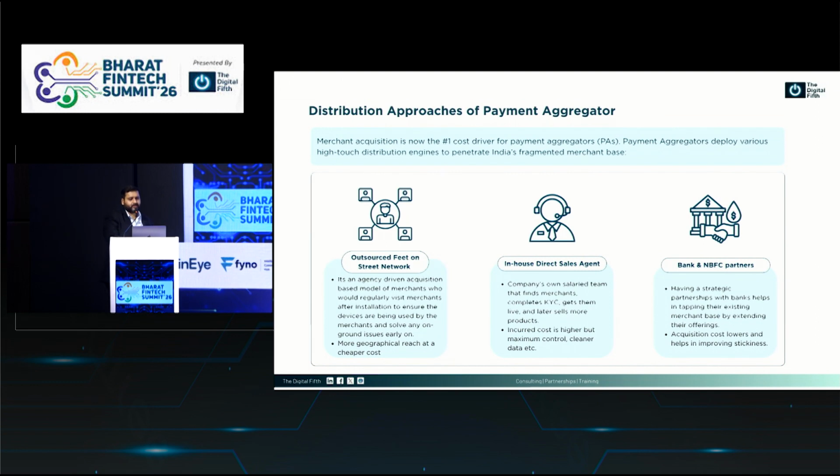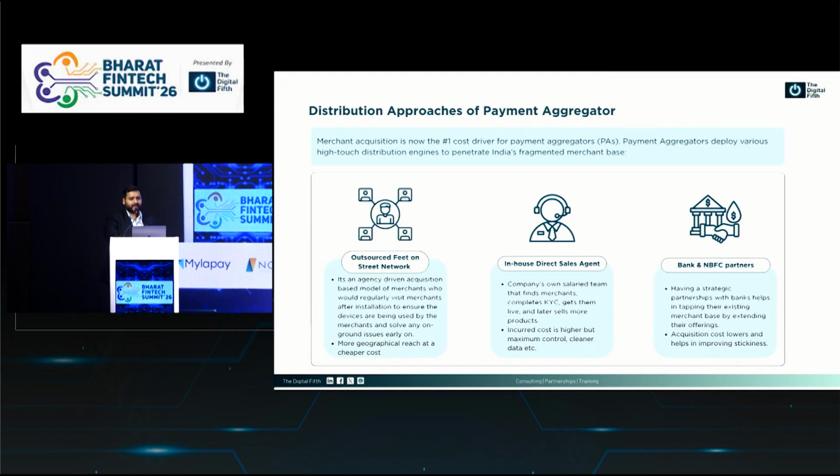So how does distribution happen? Distribution of POS happens through the outsourced feet-on-street network. We talked about some of the players as well. There are in-house direct sales agents as well, the company's salaried teams who find the merchant, do the KYC, and then enable them on the POS devices.